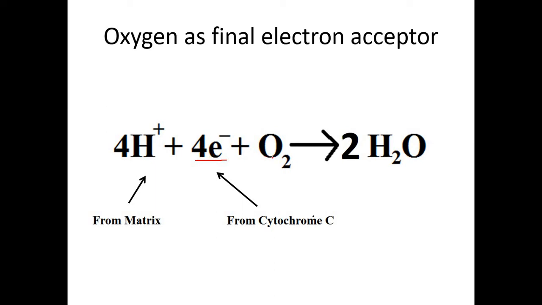They cannot be transferred directly to the oxygen, so what they do is these 4 electrons are added to 4 H positive ions present in the matrix, forming 4 hydrogen, and these 4 hydrogen react with the oxygen and form 2 water molecules. This is what we call metabolic water.